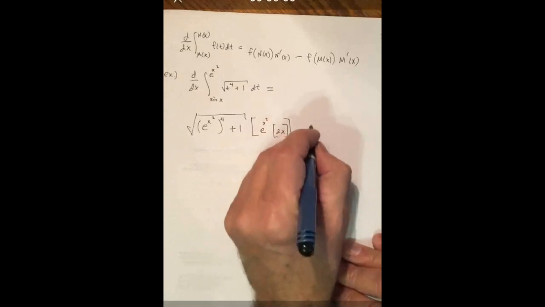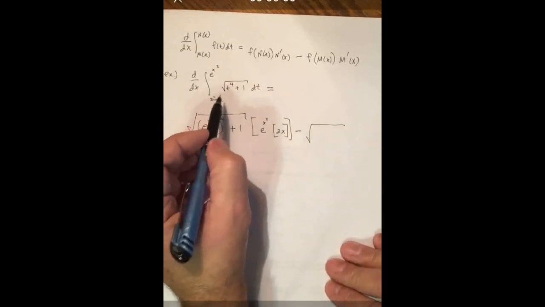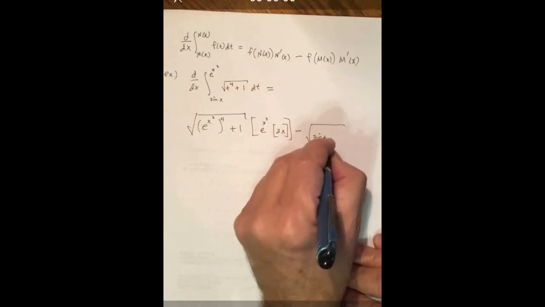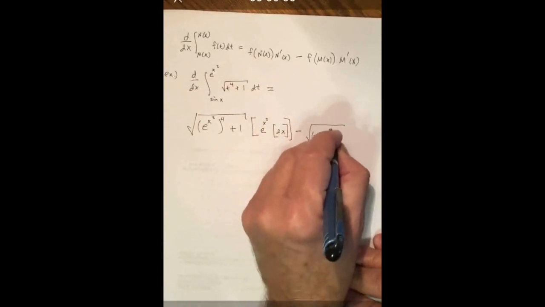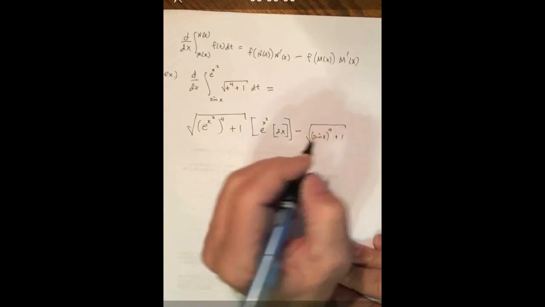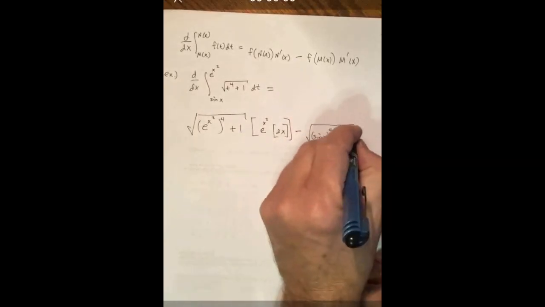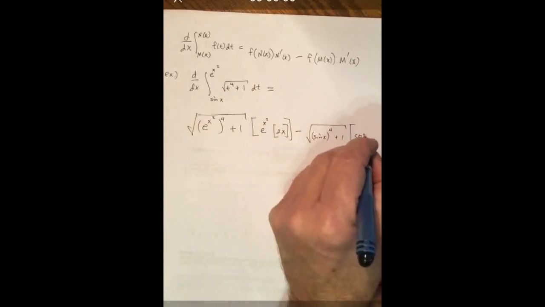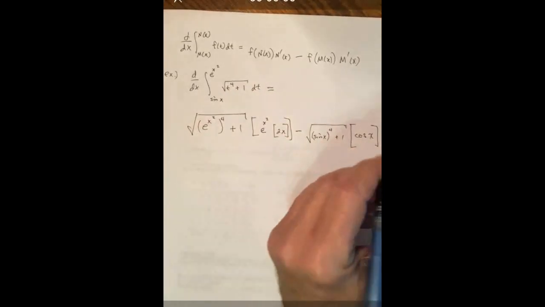Minus then the square root. Now, where we've got the t, we're going to put sine x. So this is going to be sine x to the 4th plus 1, right? Times now, by the chain rule, I'm going to differentiate sine x to get cosine x.